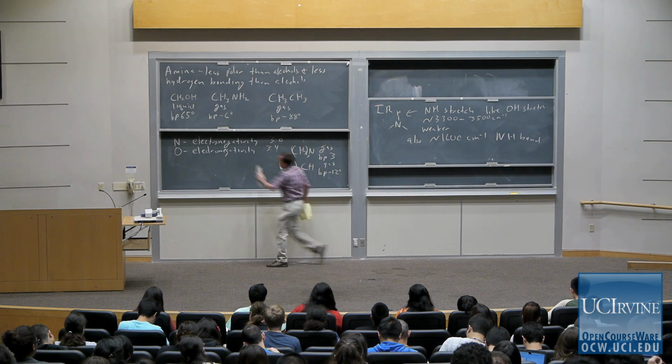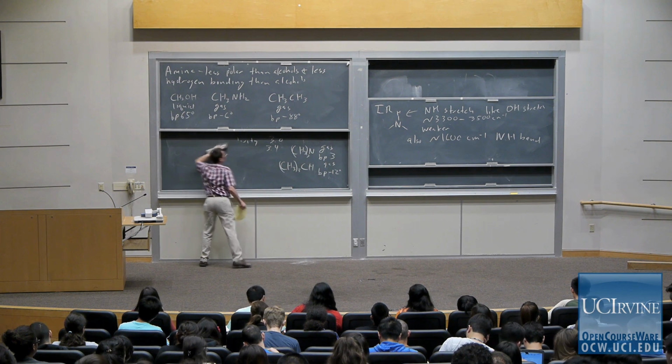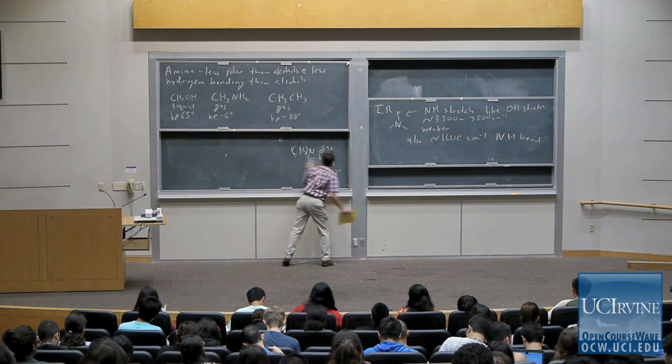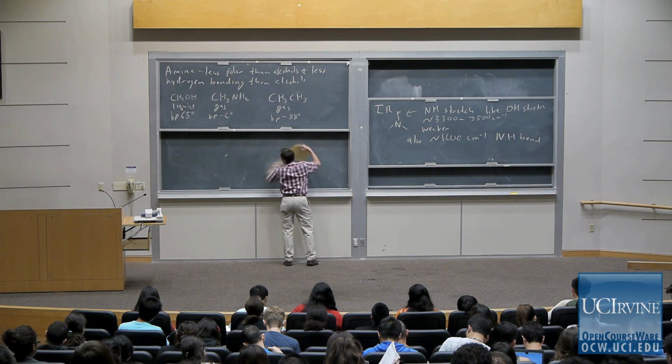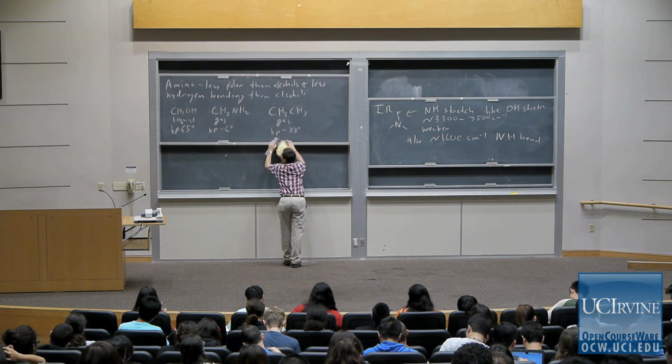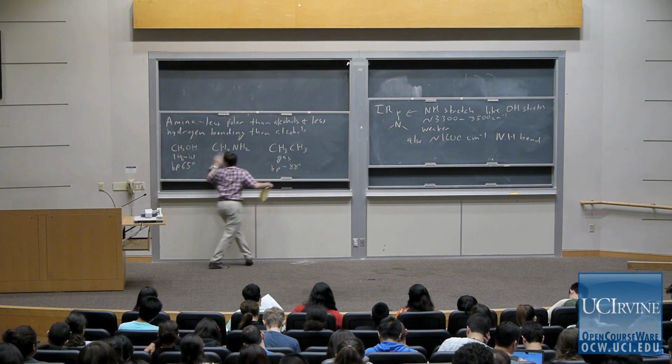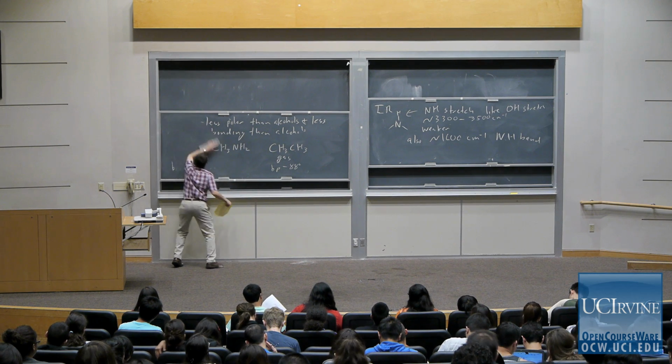All right, NMR spectra, again, this idea of kind of like an alcohol, but less so, comes up, or at least it's how I organize it in my own thinking. I'll show you what I mean.